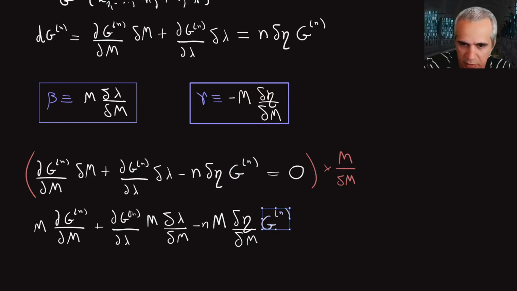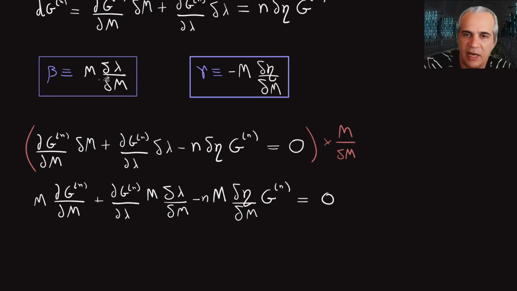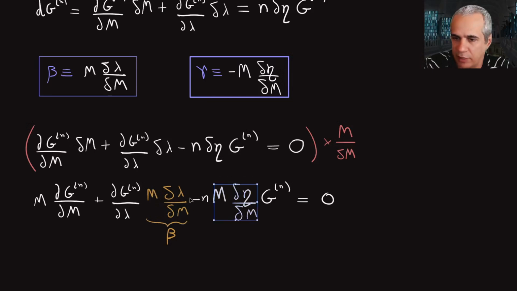I feel like, no, there's a G here, there's a G there. Okay, I didn't lose anything, and this is all equal to 0. Now I can identify these guys. I have the beta function right here. And I have the gamma function right here, including this minus sign.